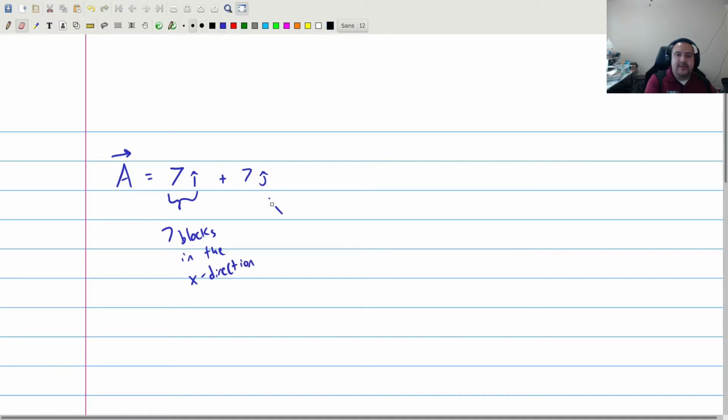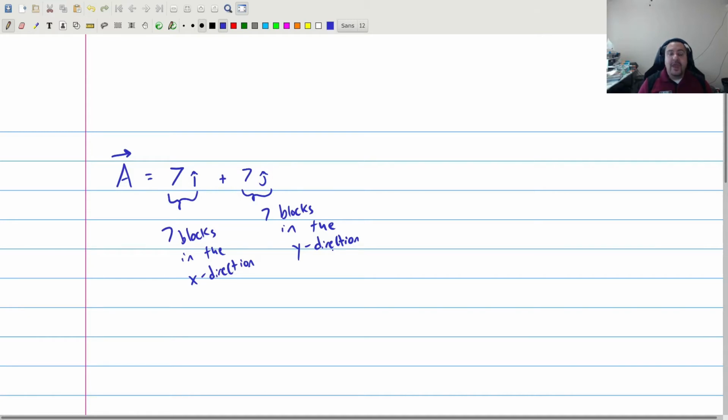And this block over here, this part says 7 blocks in the y direction. Okay, so now that we know that, we have 7 blocks in the x direction, 7 blocks in the y direction, that would be vector A.